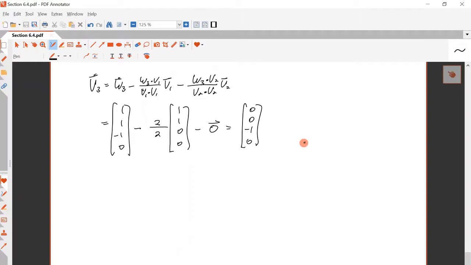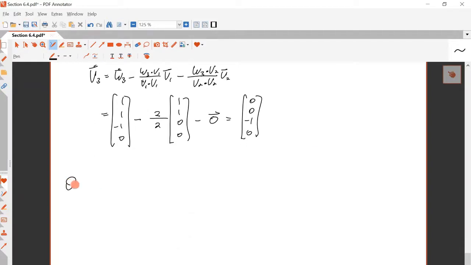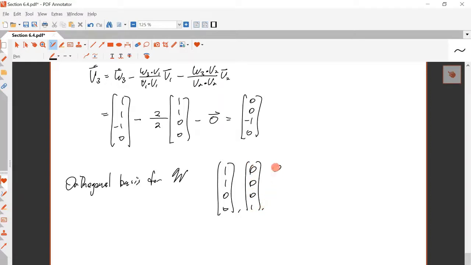Okay, so our orthogonal basis for W is 1, 1, 0, 0; 0, 0, 0, 1; and 0, 0, minus 1, 0. I mean, it's almost an elementary basis.